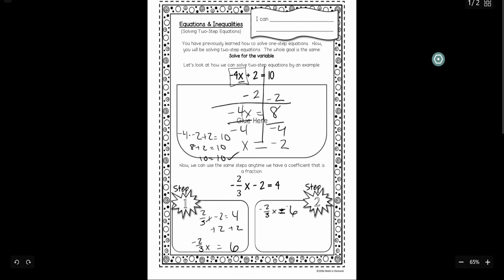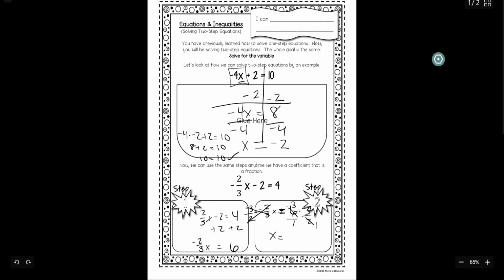Okay, remember it's a fraction, so we multiply by the reciprocal. Okay, 3's cancel, negatives cancel, and 2's cancel, so x is equal to 6 and 2 can cancel by 2, so 1 and 3.